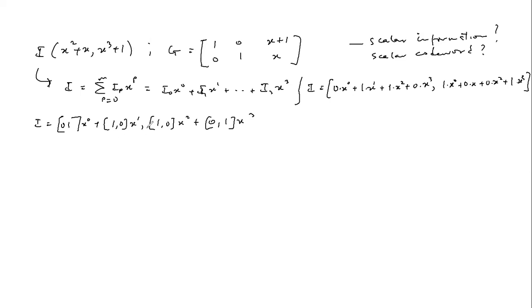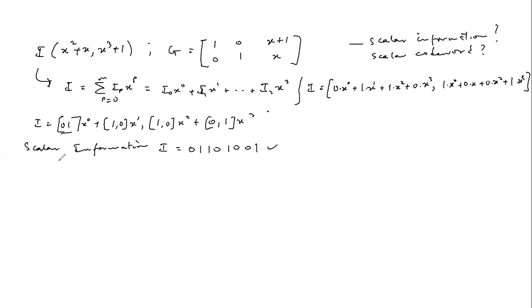So that's 0, 1, 1, 0, 1, 0, 0, 1. So the scalar information I will be 0, 1, 1, 0, 1, 0, 0, 1.